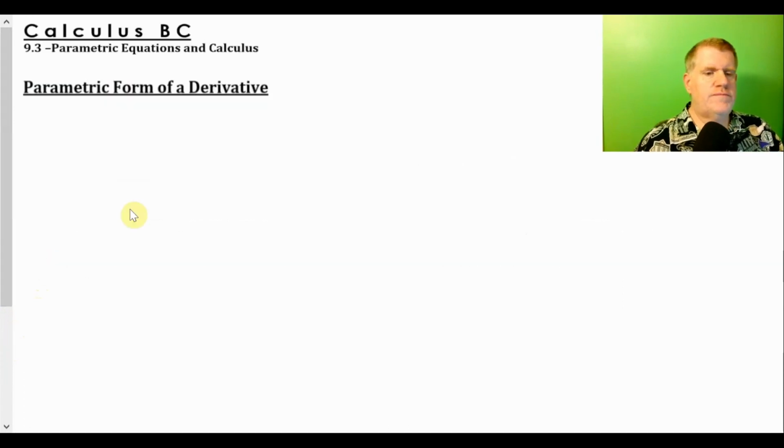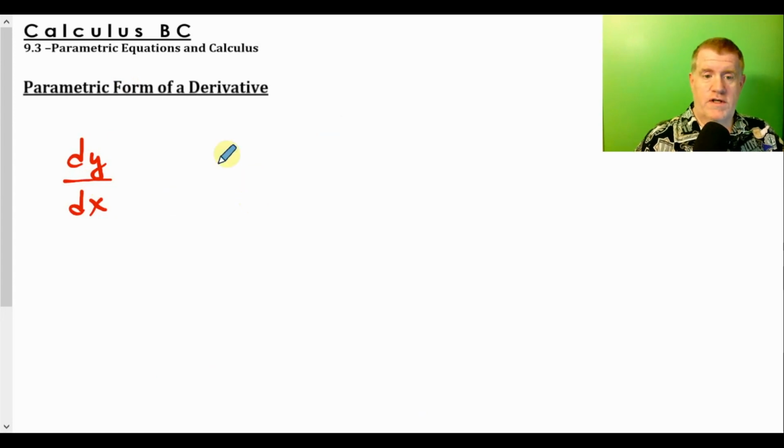First of all, what is the parametric form of a derivative? Well, you know the derivative in general is dy over dx. These equations are related in terms of t, so it's x of t and y of t.